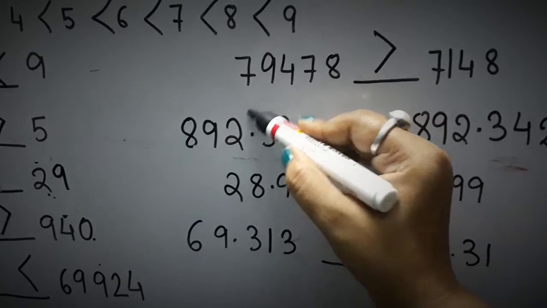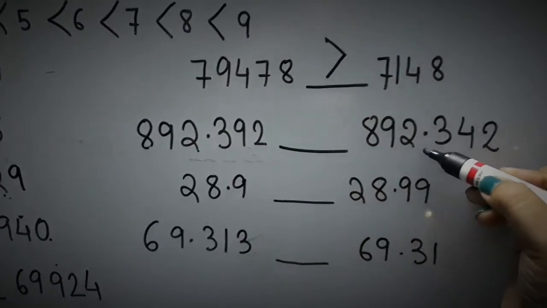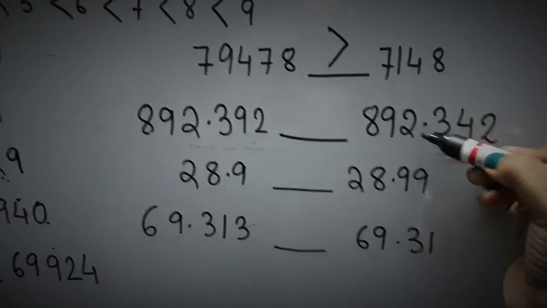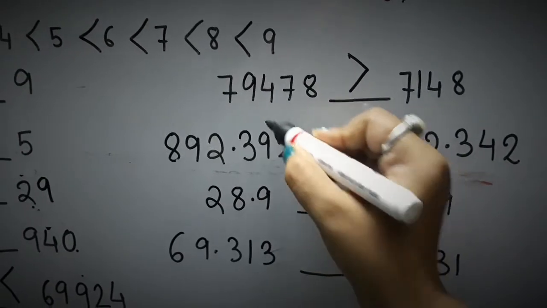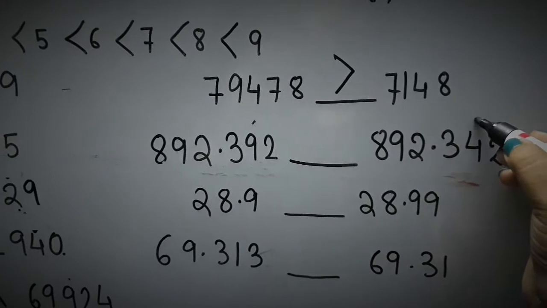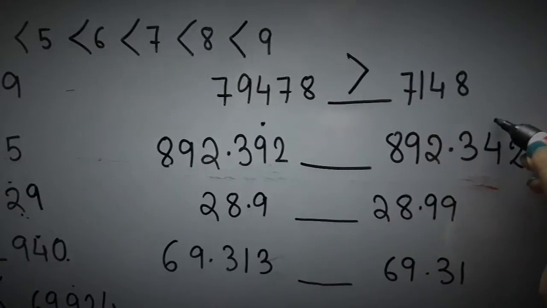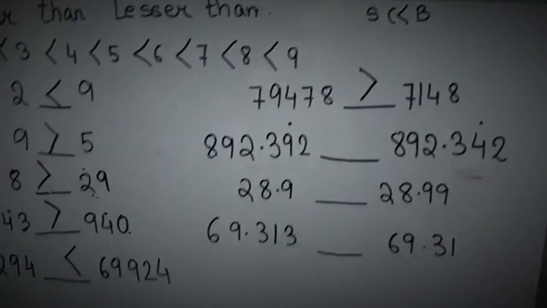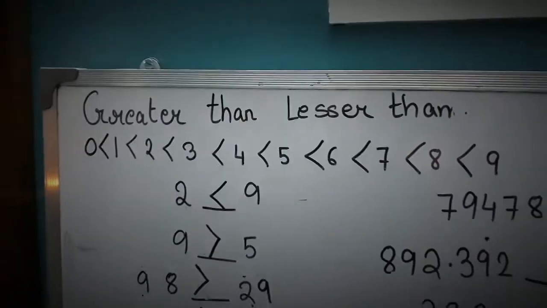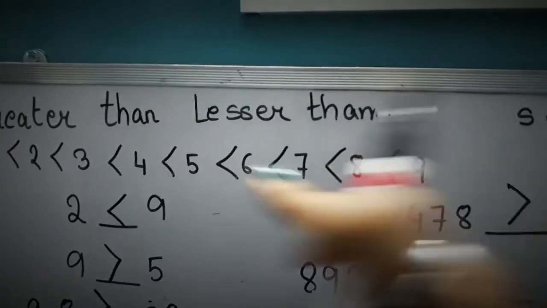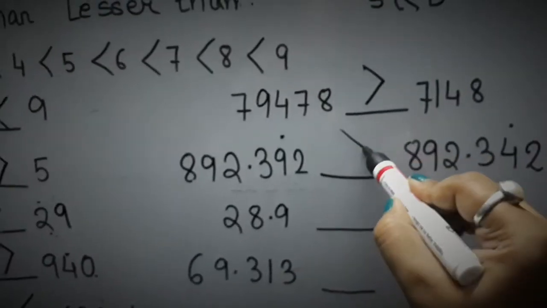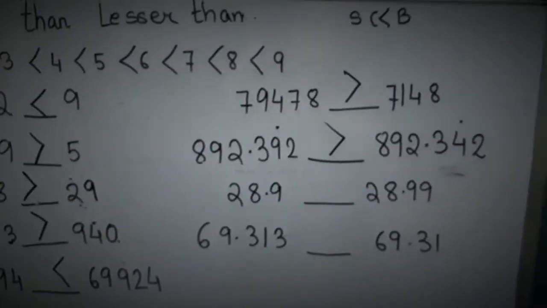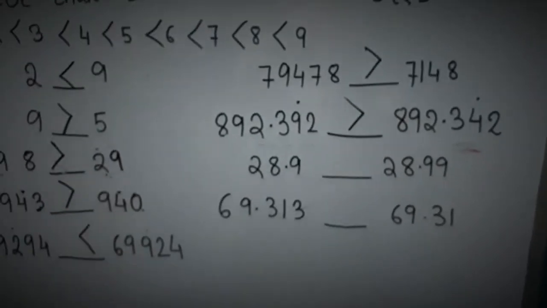After the point your digit is 3. Oh my god, here is also the same. After the point the digit is 3. Then the second digit after the point: here it is 9, here it is 4. You just take these two digits and compare 9 and 4. We know from the table that 9 is greater than 4. So of course this is greater than. 9 is greater than 4.